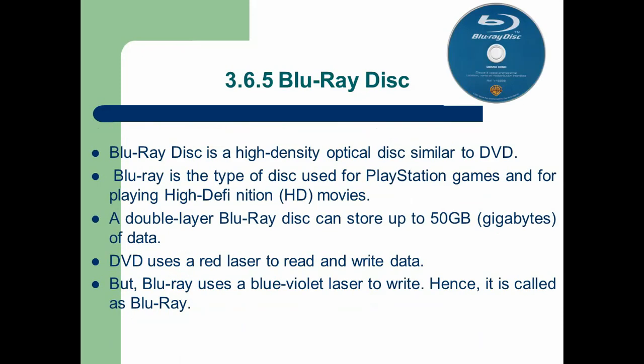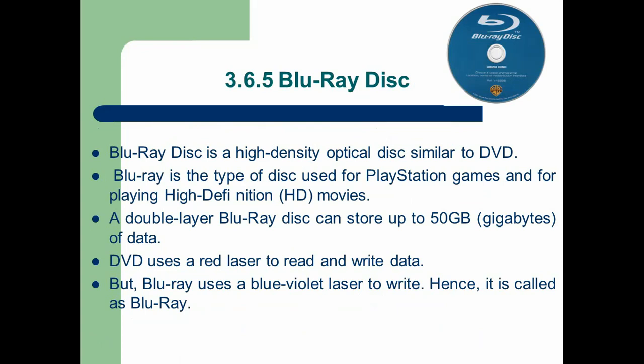Next one is the Blu-ray disc. A Blu-ray disc is a high density optical disc similar to DVD, but Blu-ray is the type of disc used for PlayStation games and for playing high definition HD movies. A double layer Blu-ray disc can store up to 50 GB.